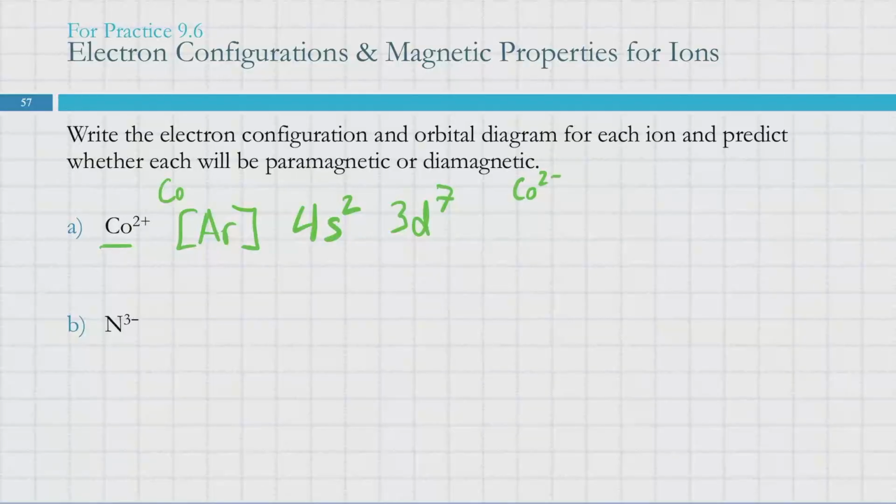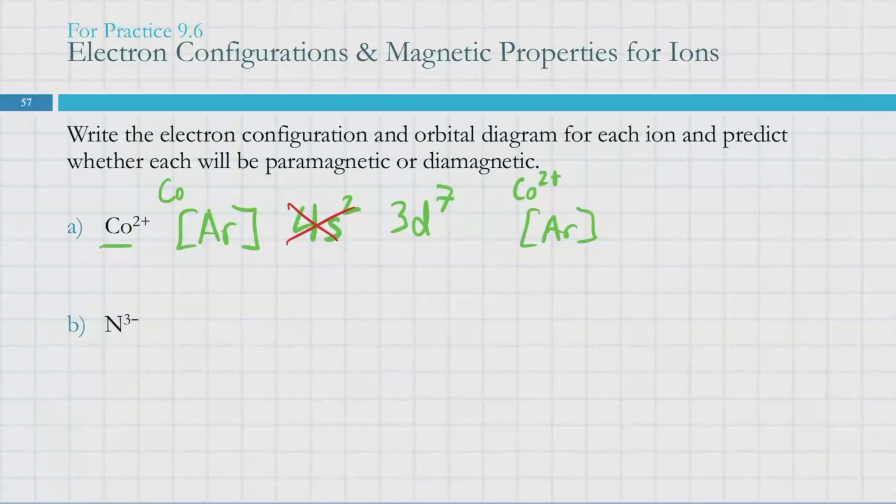When we go to cobalt 2+, are we adding or removing electrons to get that positive charge? We're removing. We've got a 2+ charge, so we're going to remove 2 electrons. Which 2 electrons are we removing? We can remove them from the S or the D. What do we think? It's got to be from the S because it's got the higher number. So we've got 2 electrons in our 4s.